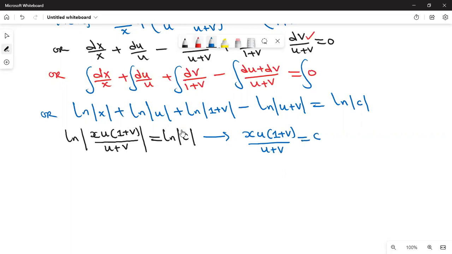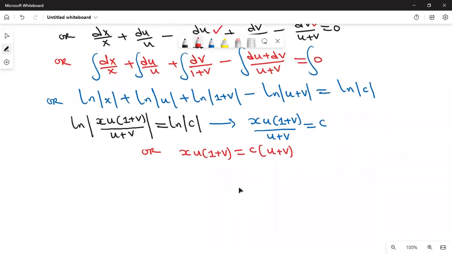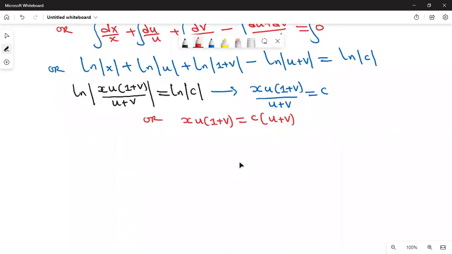I can also cross multiply this, or x times u times 1 plus v is equals to c into u plus v. This is our general solution where c is an arbitrary constant, but we have to replace u and v. Check where we defined u and check where we defined v.